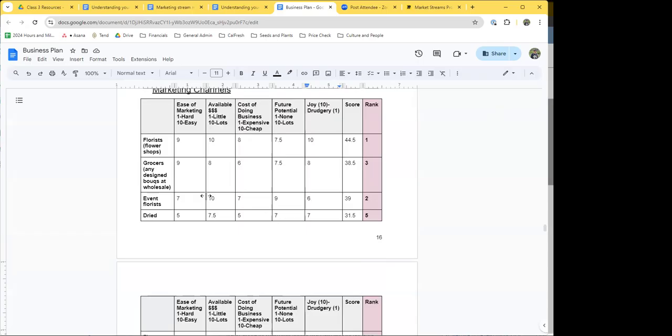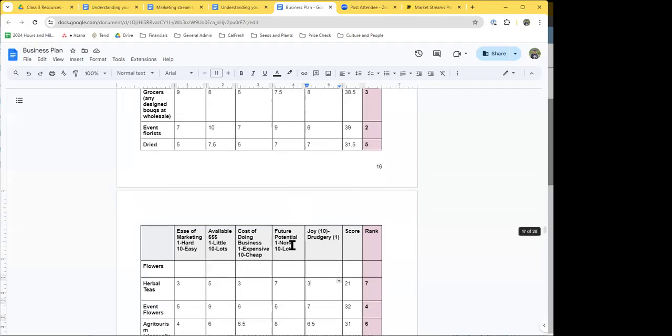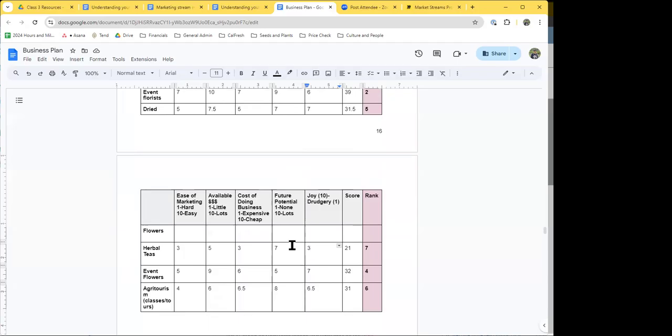As you get your flow for your business, you're thinking of how to add on another enterprise and where it ranks compared to these other things, because a new enterprise is always going to be a little harder on the marketing or higher cost of business. But if the joy and future potential is really high, it can really be worth it to add in this new venture.